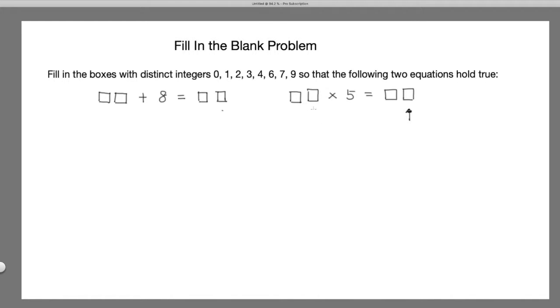We know that the property of multiplying by 5 is that the result ends with either 0 or 5. But 5 is not in the list of integers here. So this has to be 0. I put it here. That's the first clue. Pretty obvious.